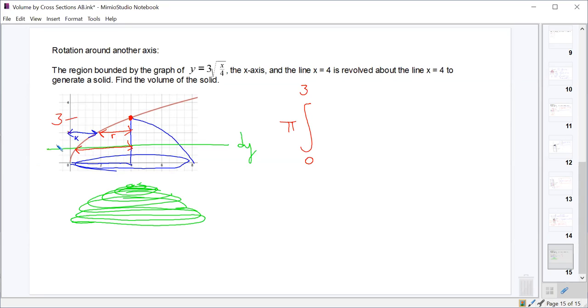Exactly. So what is our little radius? If it's this piece and this piece is x, and the whole thing is 4, then our radius ought to be 4 minus x. And so we should be able to go in and just say 4 minus x dy. Darn, that's a problem, isn't it?